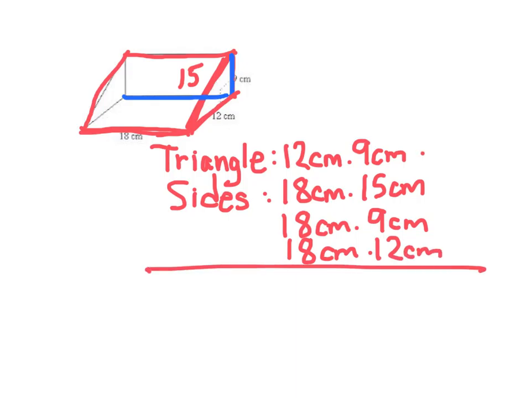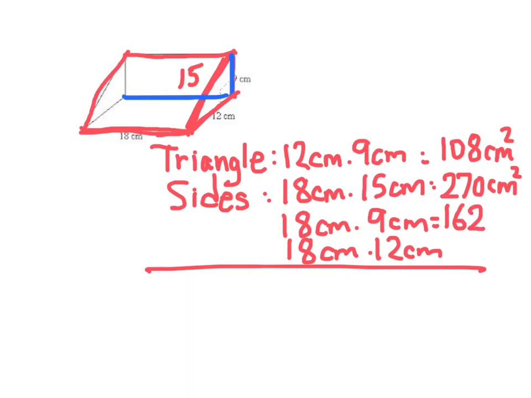All right, so 12 times 9 is 108. 18 times 15 is 270. 18 times 9 is 162. And then 18 times 12 is 216.